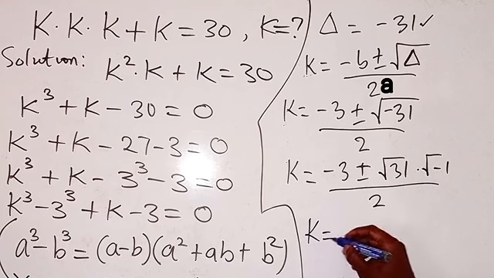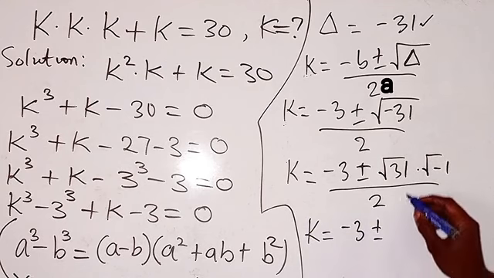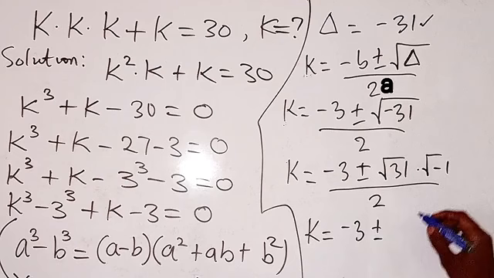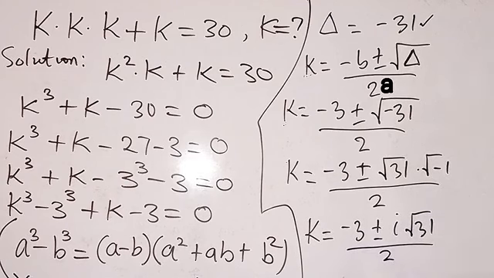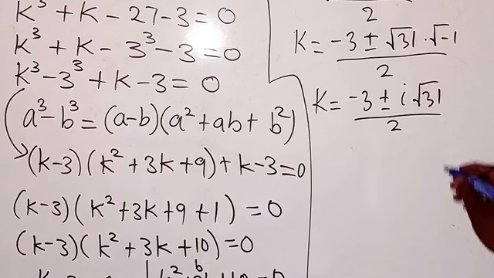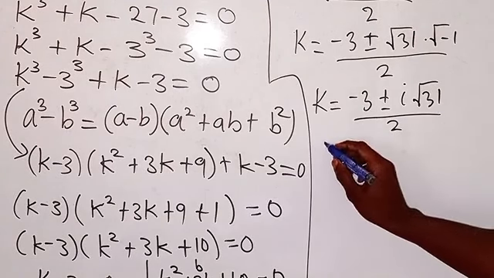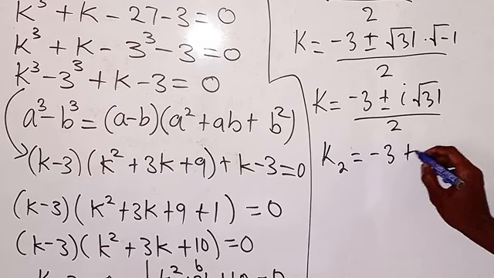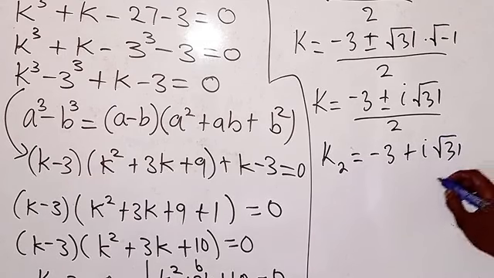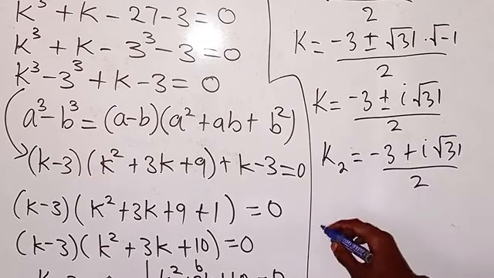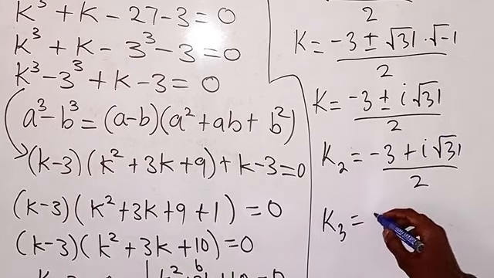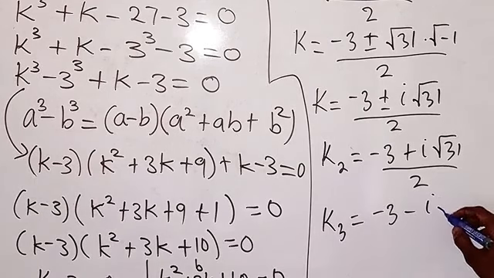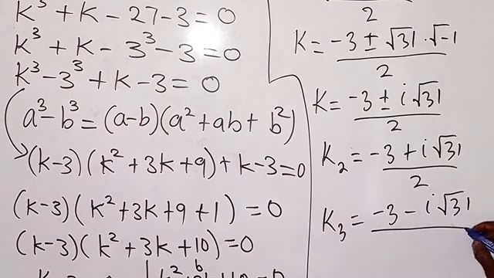So k is going to be minus 3 plus or minus, and the root of minus 1 is the same thing as i, then square root of 31 all over 2. So we have k2 to be minus 3 plus i root 31 all over 2, then k3 to be minus 3 minus i root 31 all over 2.